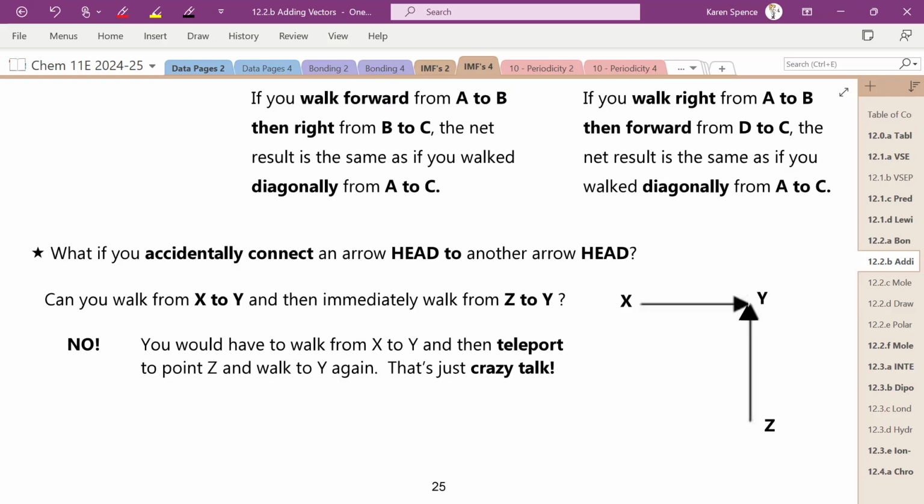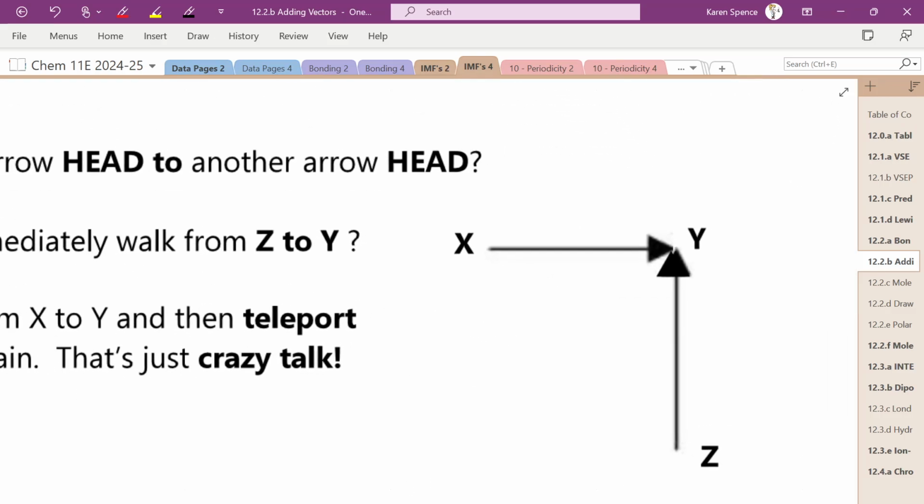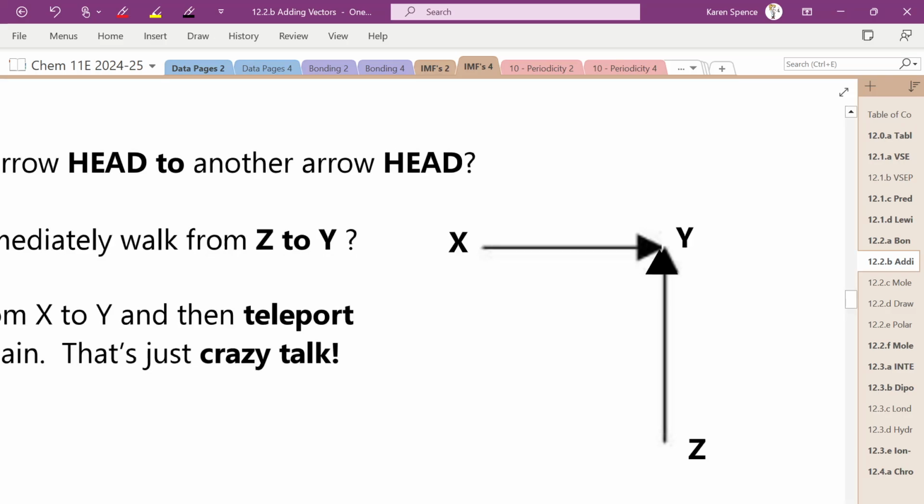What if you accidentally connect the head of an arrow to the head of another arrow? Well, if you were to walk along here, you'd go from X to Y. Can we travel from Y to Z with the arrow the way it is? No, we cannot. We would have to teleport.